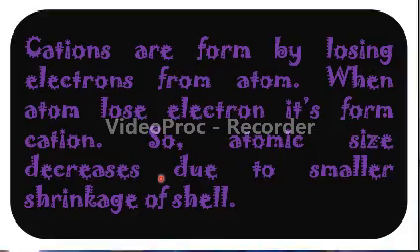Why? Cations are formed by losing an electron from the atom. When an atom loses an electron, it forms a cation, and the atomic size decreases due to shrinking of the shell. For example, consider sodium.